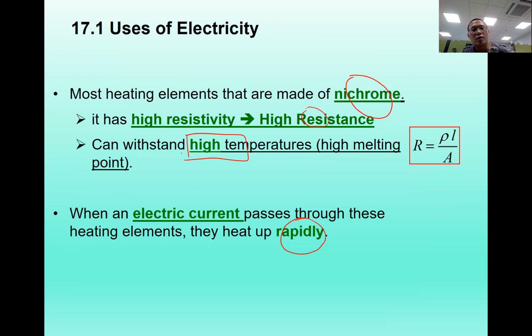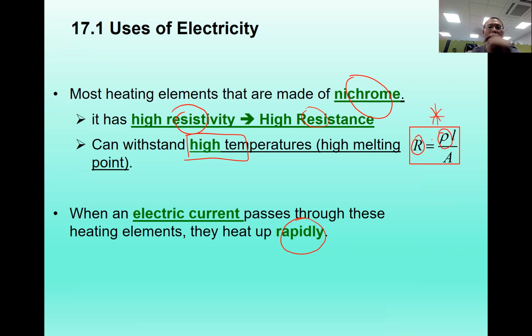The formula I listed on the right side here is to bring your attention to this. When do I use the word high resistivity? It was in the previous topic when I looked at resistance. If everything remains constant, if I have high resistivity, it means the resistance of the material will be very high.